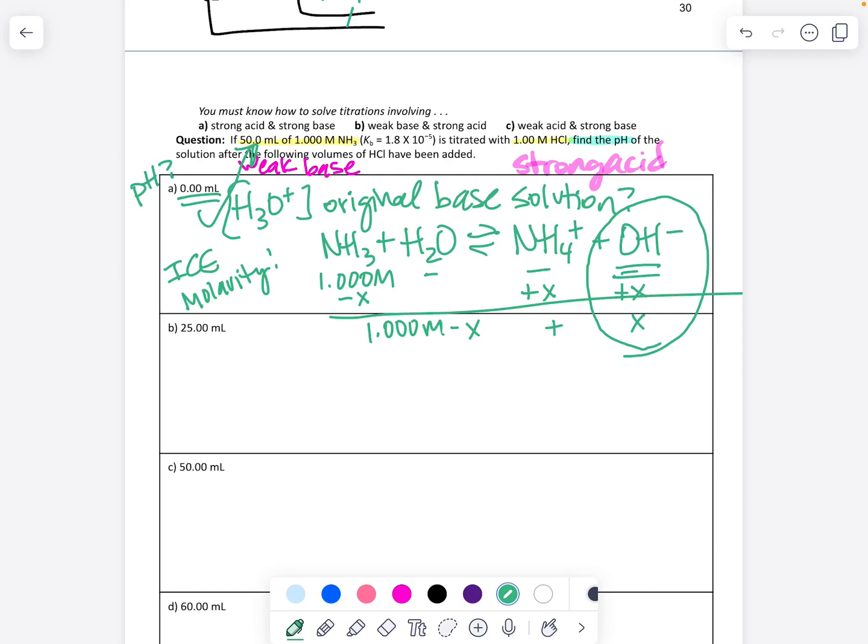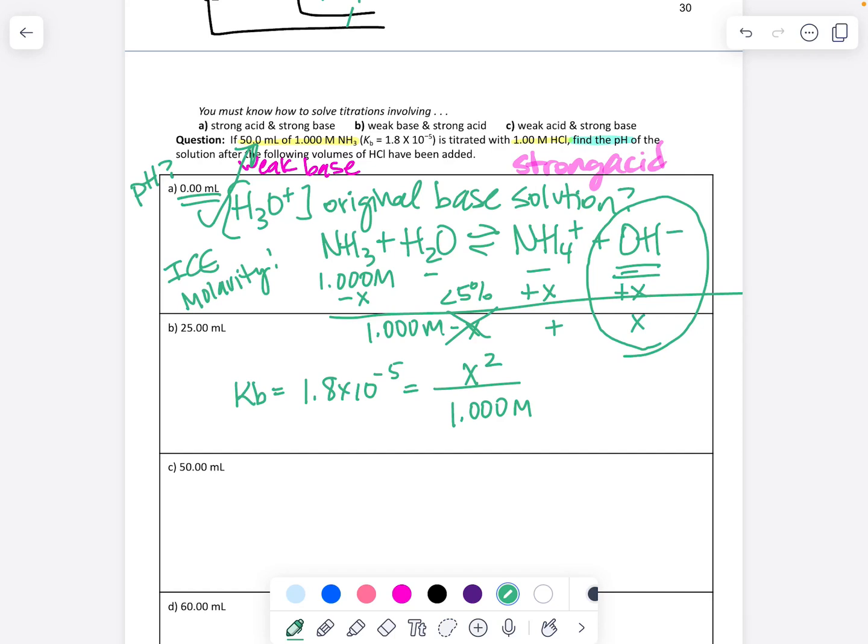What I'm really trying to find, remember, is this one, this OH minus concentration. So for that one, I will use my Kb value, which was given, and I will set up that Kb equation. So Kb equals 1.8 times 10 to the negative fifth. It's equal to my products over reactants, so I have X squared over 1.000 molar, and I'm going to ignore this value of X. We're going to assume less than 5% dissociation there.